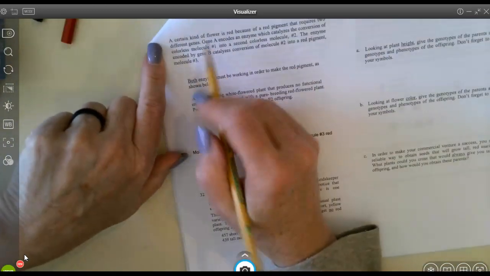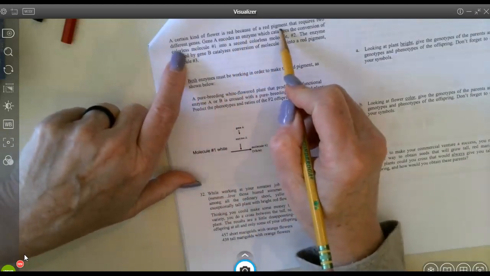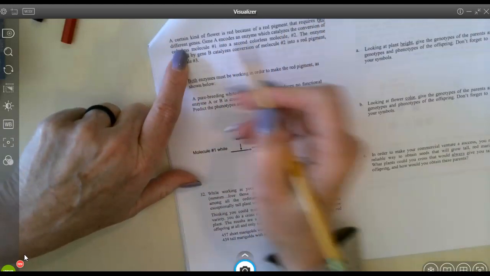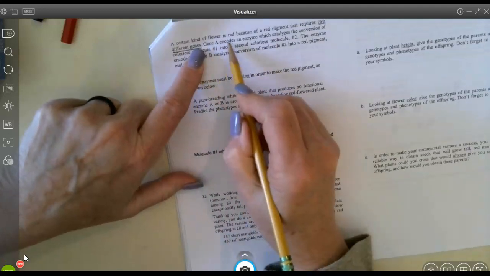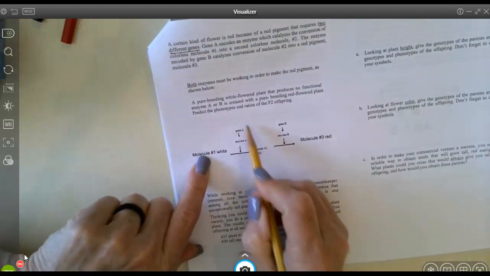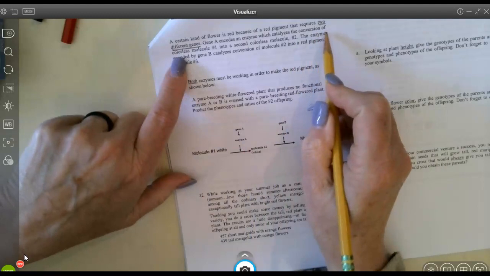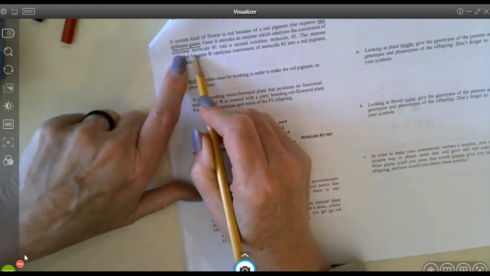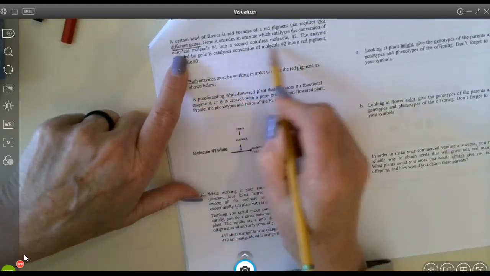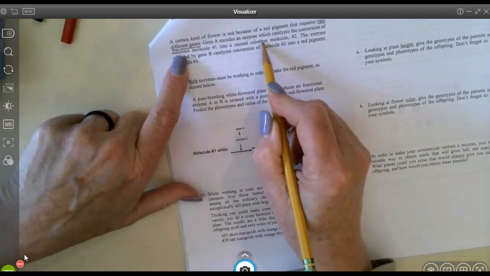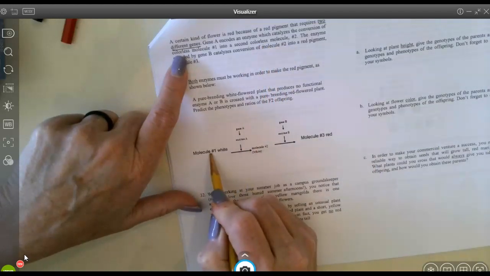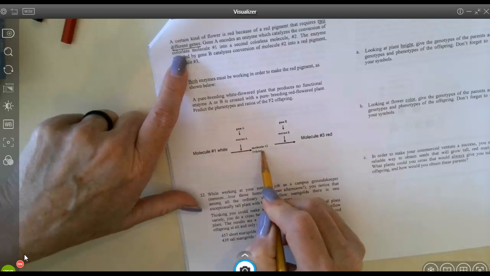Oh, that's good. A certain kind of flower is red because red pigment requires 2 different genes. Gene A encodes, this is right here, the enzyme that catalyzes the conversion of something colorless into this intermediate colorless molecule. So it goes from colorless number 1 to colorless number 2.